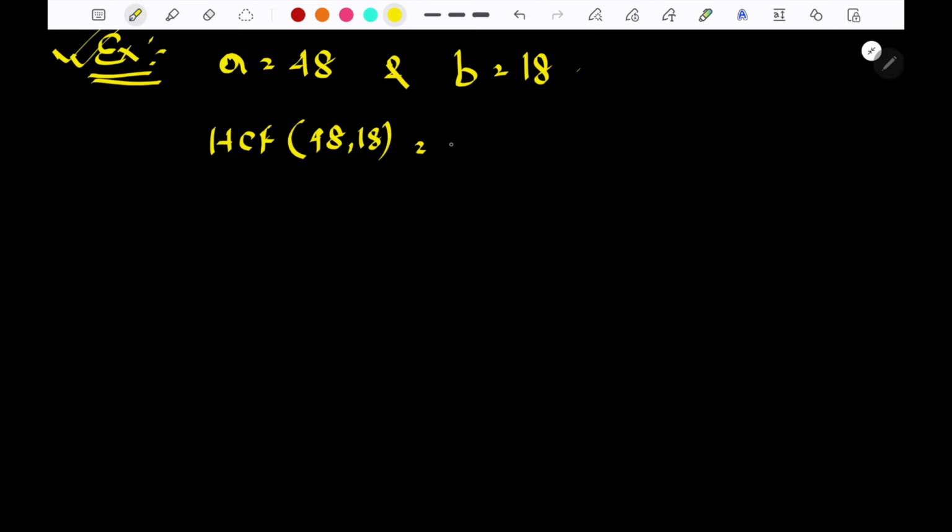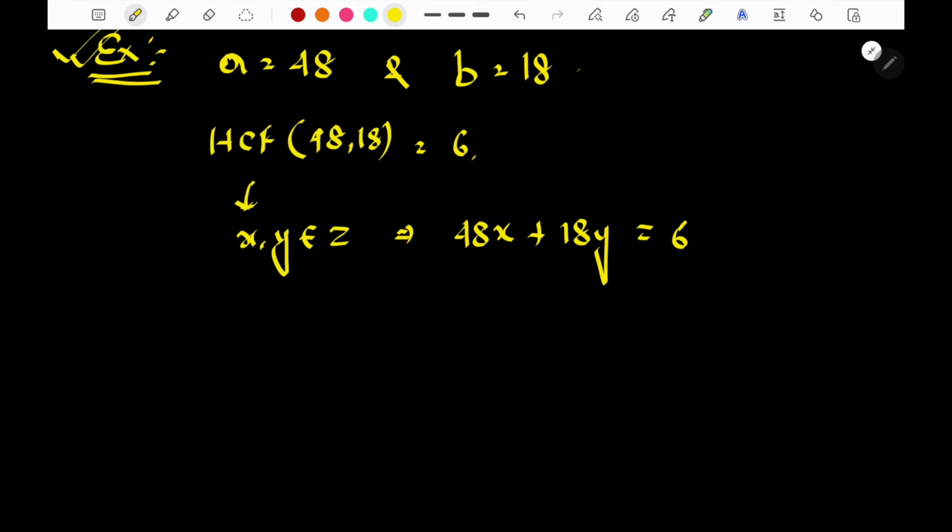For example, say a is equal to 48 and b is equal to 18. Now what is the HCF of 48 and 18? It will obviously be 6. Now by Bezout's identity, what does it say? It says there exist x, y belonging to Z such that 48x plus 18y must be equal to 6. We can find some x and y such that 48x plus 18y is equal to 6.